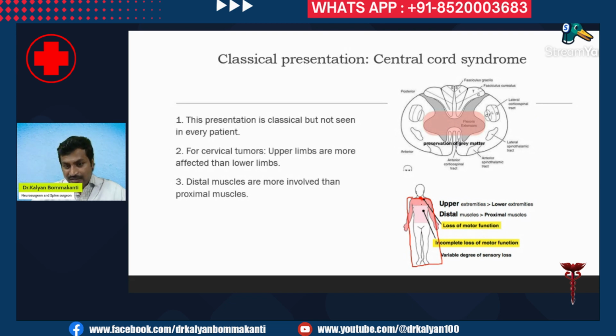Below the level of the tumor, he will have partial paralysis and he will have variable degree of partial sensory loss. And whenever it's involved, the hands are involved more than the legs. The distal muscles, the muscles in the periphery, far off in the hands, are more involved. That is, the muscles of the fingers, muscles of the palm are more involved than muscles of the shoulder.